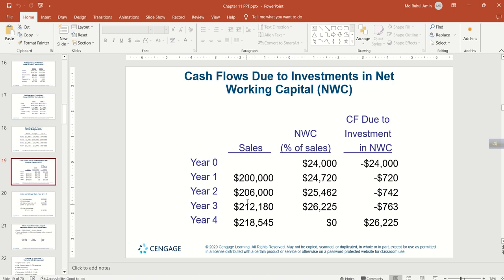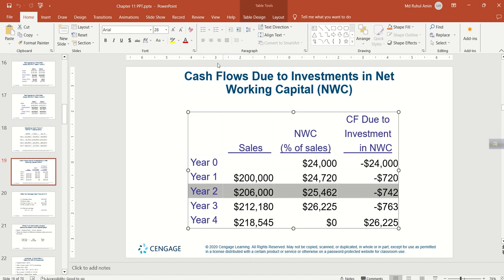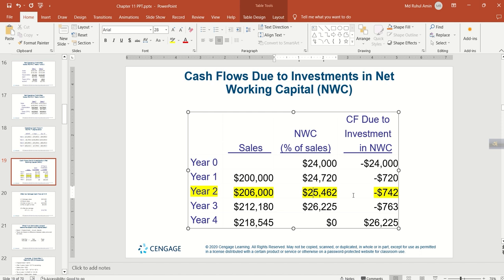Okay, here we go. Say the company's sales are projected for the next 4 years, and net operating working capital is this. Let's consider this year. So 742 is the change in net operating working capital. The second year net operating working capital is 25,462, and the previous year it was 24,720. The difference is 742.